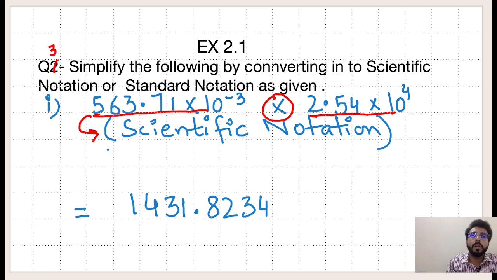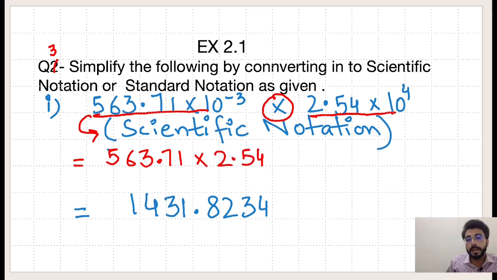So first of all, we will multiply 563.71 with 2.54, and let's write this as 10 to the power negative 3 into 10 raised to the power positive 4. We multiply both these decimal numbers, we will get the answer 1431.8234.